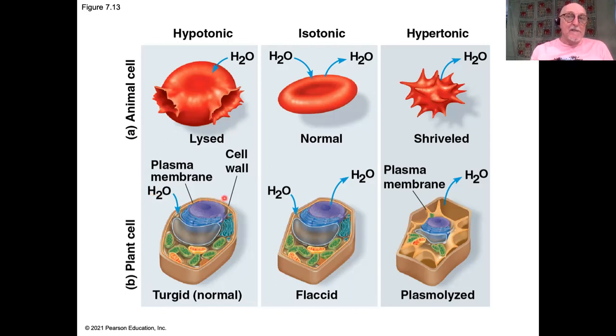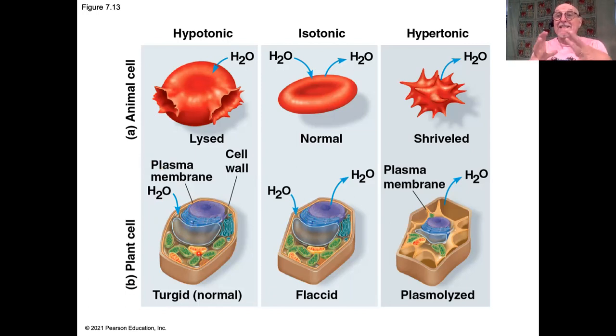The simplest solution to this is present in the plants and in prokaryotes, and that is to have a cell wall around the outside of the cell membrane, a strong, rigid cell wall against which the cell, when it swells, can push. And the pressure of water needing to come in is called the osmotic pressure. It is a real pressure.